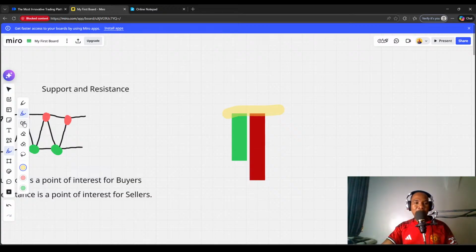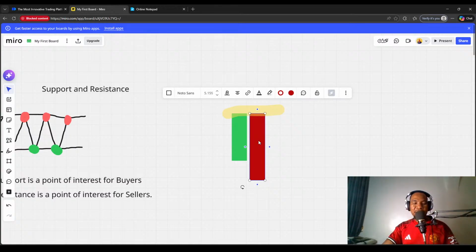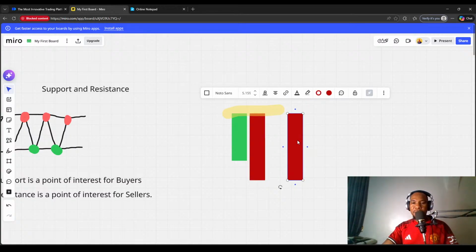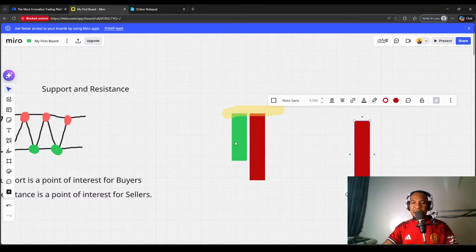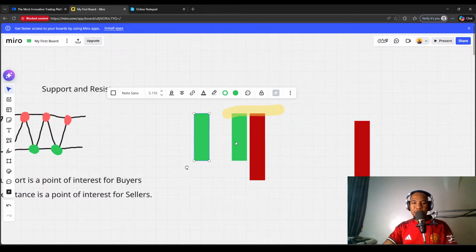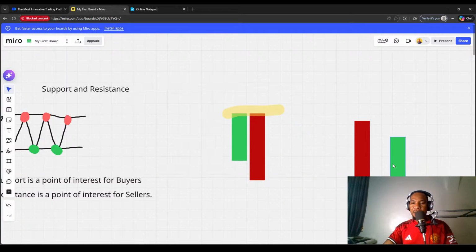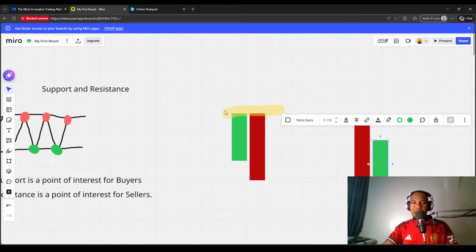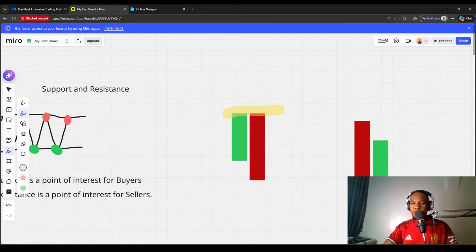Then same thing for the selling position. Let's say, for example, you have something like this and you have something like this. Now, at this point, support has been created. So that is on a candlestick level.